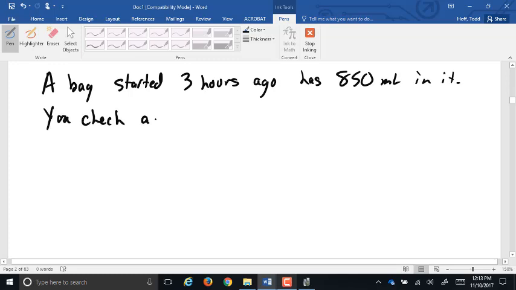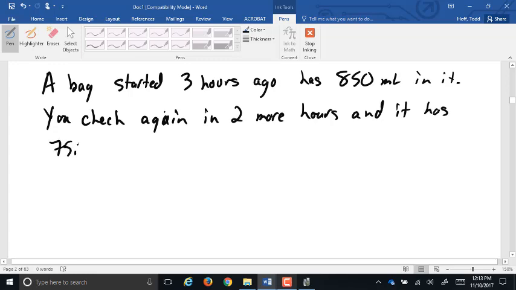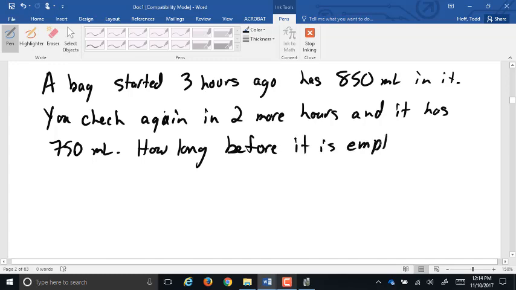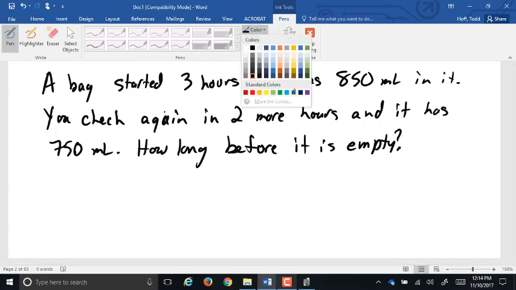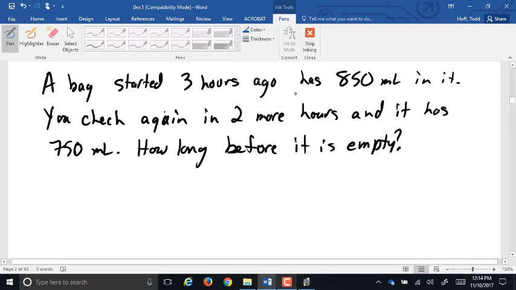You check again in 2 more hours, and it has 750 milliliters. How long before it is empty? When you check it, there's no fluid in it. Now, you may not actually draw out a graph to solve this problem, but the thought process is the graphing thought process.